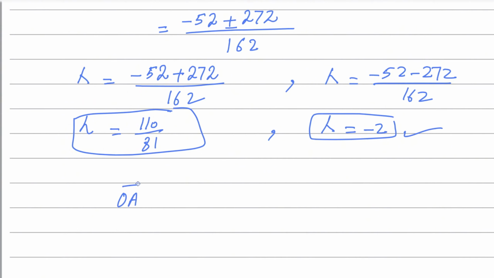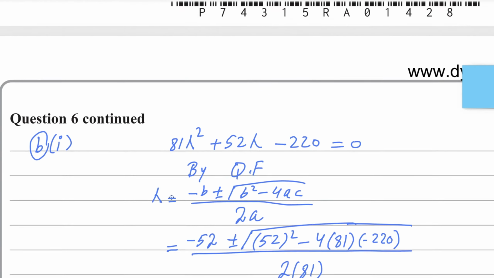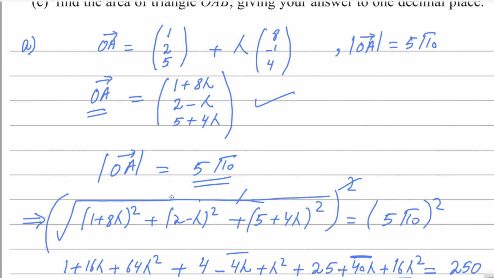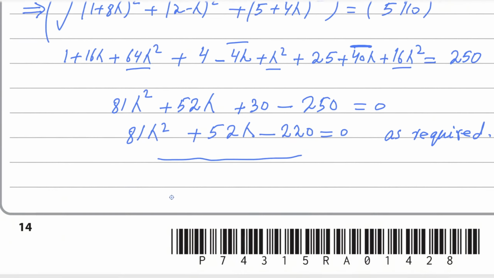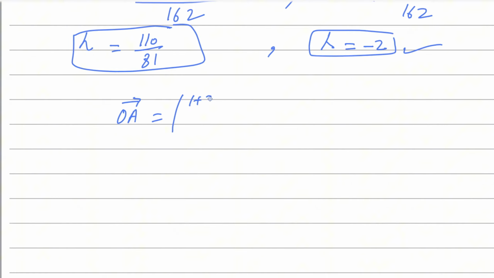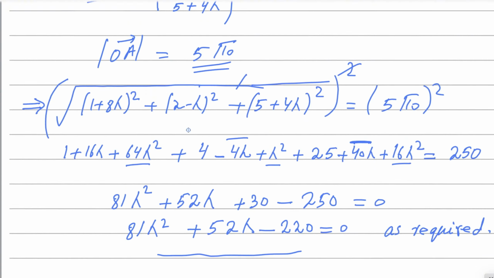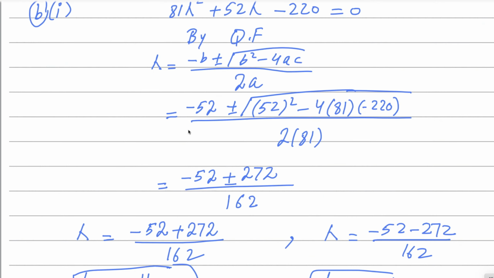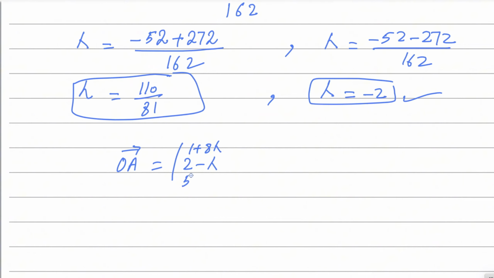Vector OA is given as 1 plus 8 lambda, 2 minus lambda, and the last one is 5 plus 4 lambda. Plug in the values of lambda here. Once lambda equals minus 2, we will get the result.